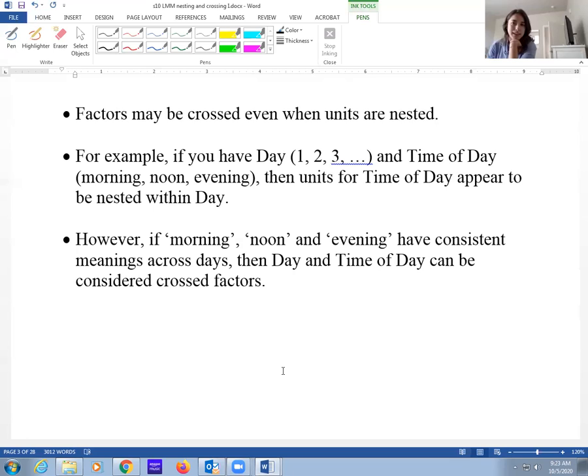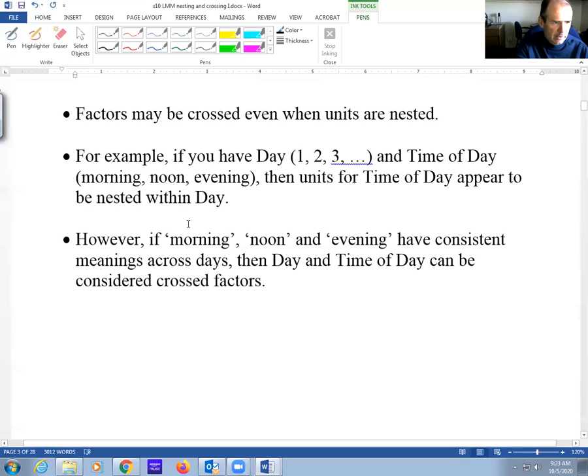They'd have to be consistent across all the days. Exactly. When we say morning, noon, evening, that could mean a lot of things. But if it's the same time, like 9 a.m., then it would make more sense that they're crossed.